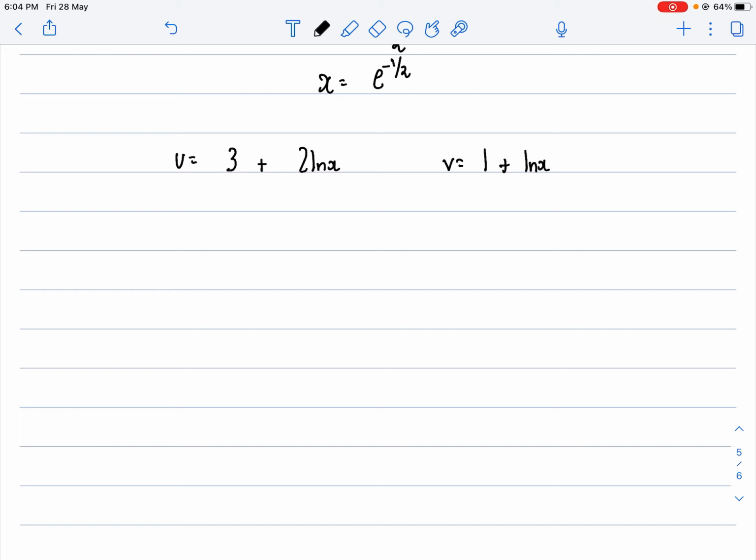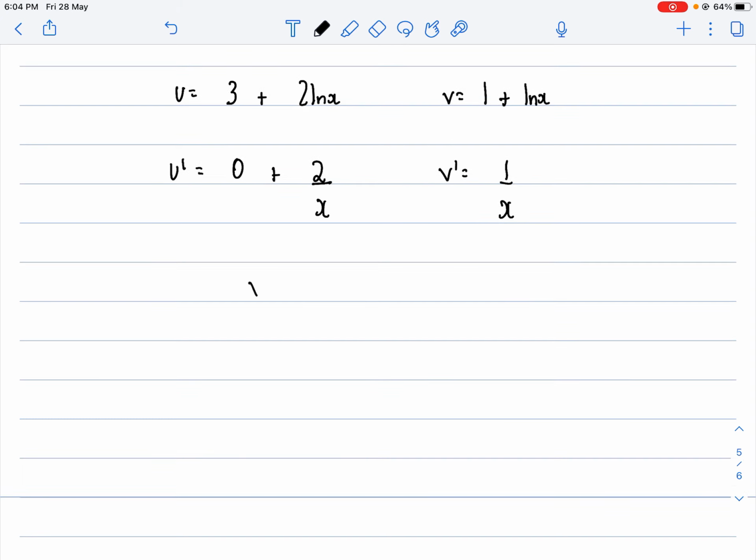So now I can keep u dash. My u dash: I know the differentiation of 3 is 0 and the differentiation of 2 ln x is 2 over x, correct? In the same way, v dash: the differentiation of 1 is 0 and the differentiation of ln x is 1 over x.